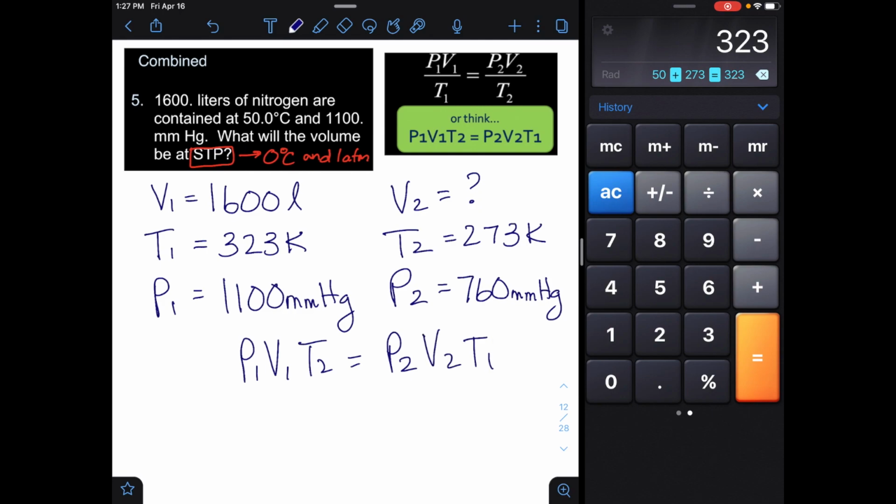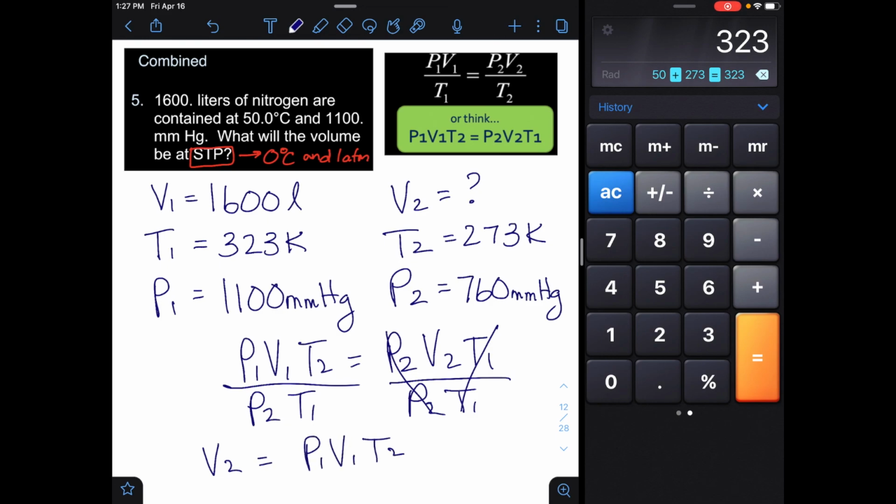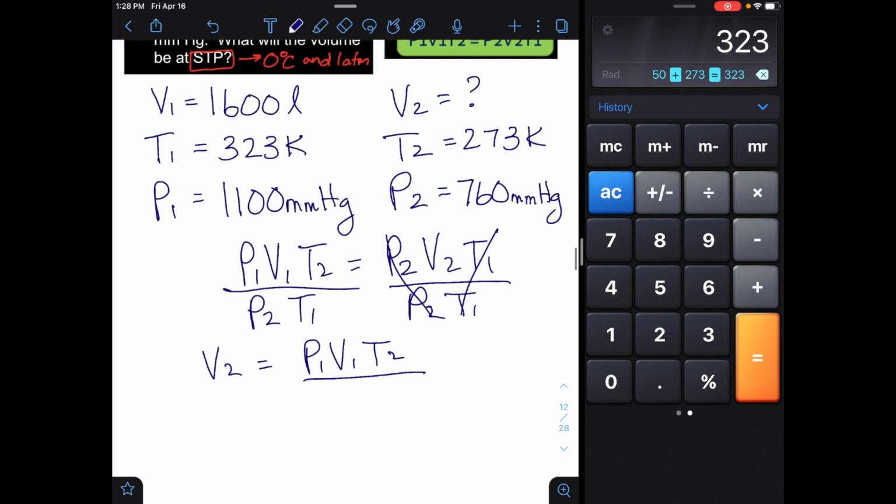I've got to get V2 by itself. Divide by P2 and T1. I've got V2 equals P1 V1 T2 over P2 T1.